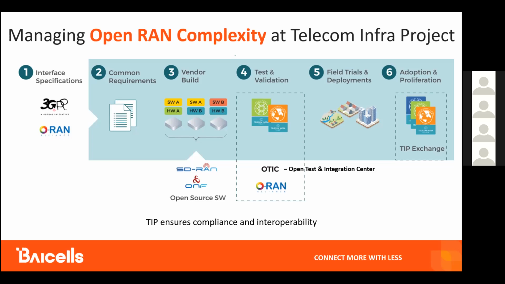For the software, it's especially important to bring in the open source software vendors so that whatever has been developed is shared at its maximum. Most recently, the Open Network Foundation has joined the TIP project to provide their software-defined RAN solutions.